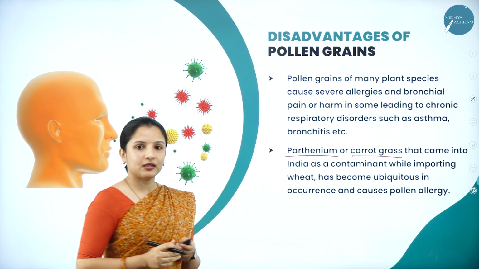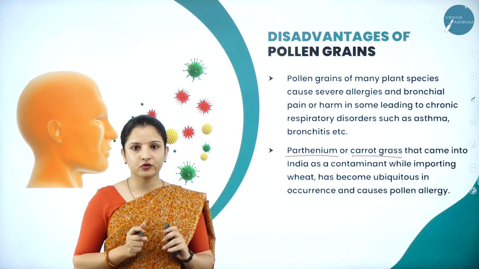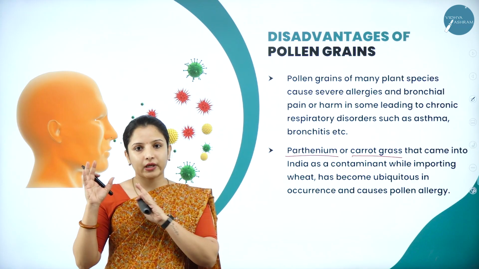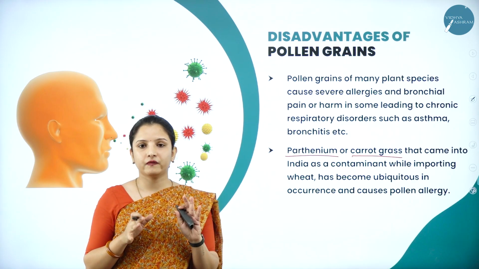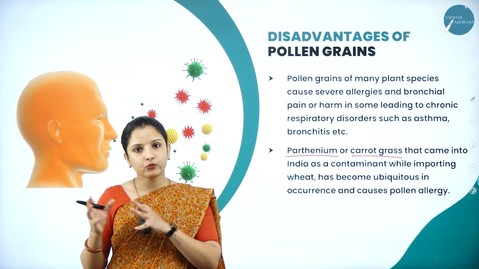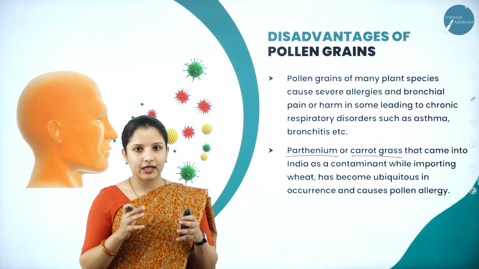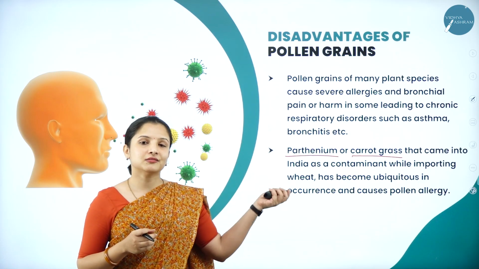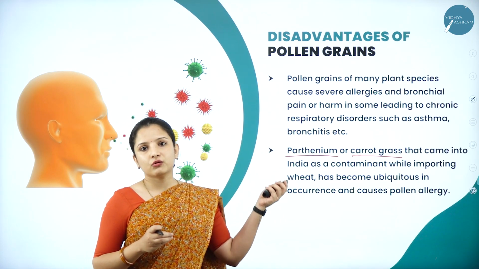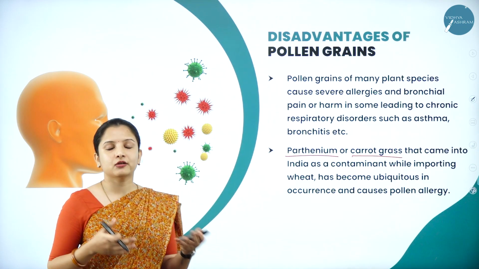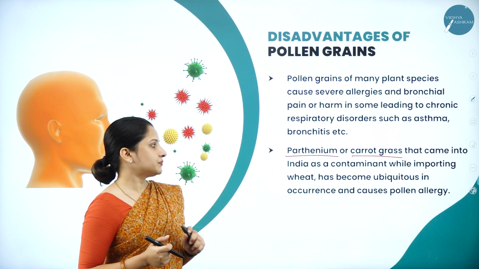This Parthenium plant is not native to India. It came into India from another country. When we were importing wheat from another country, along with the wheat seeds or the wheat grains, these Parthenium seeds also entered India, and that is how now, wherever you go, be it a wasteland, the agriculture field or the roadsides, you find this Parthenium plant.